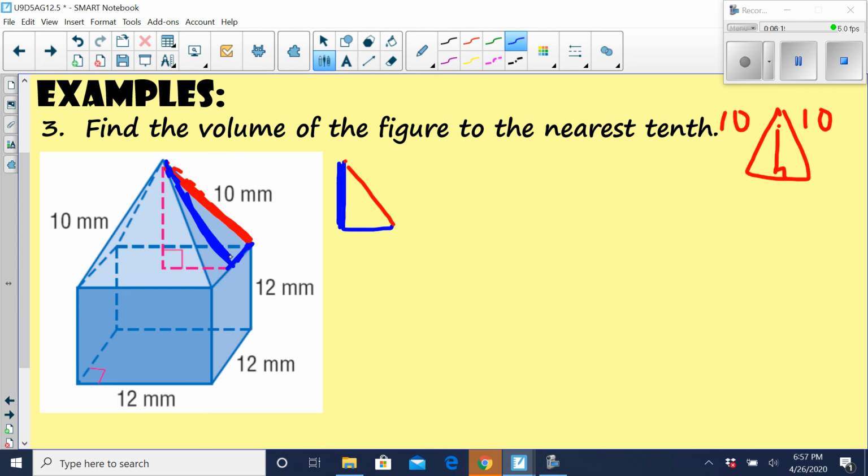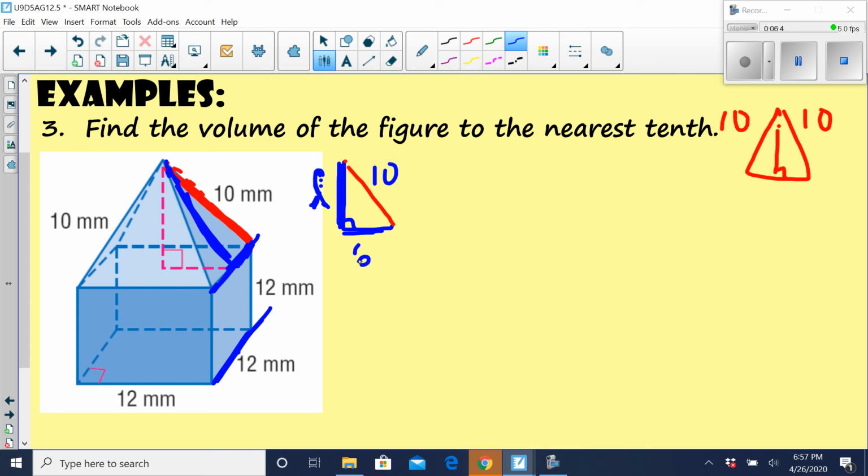Usually for slant height, they use an L to represent slant height, so I'll put an L there. I know this side over here is 10, and I could find the bottom piece. Remember, it goes from the edge to the side. We're going to assume that this piece is the same length as this piece here. So if I'm going halfway, I'm going to get 6 right there.